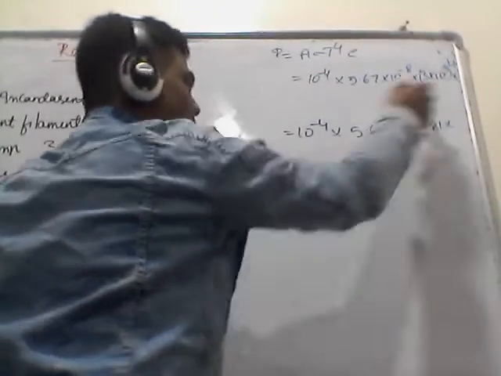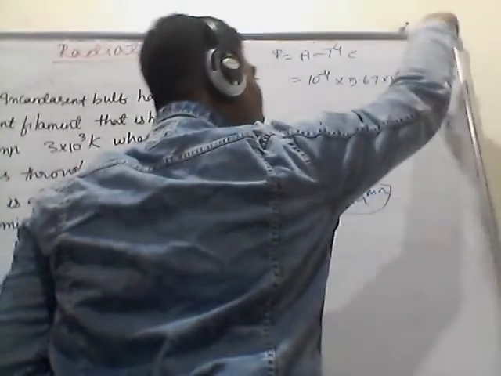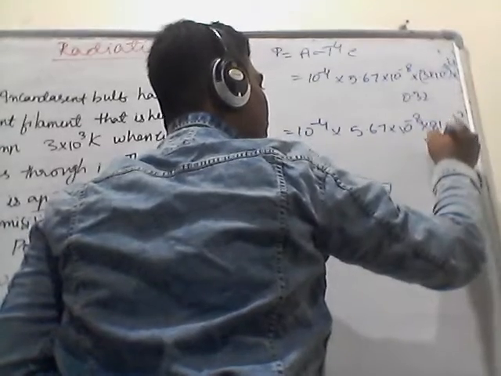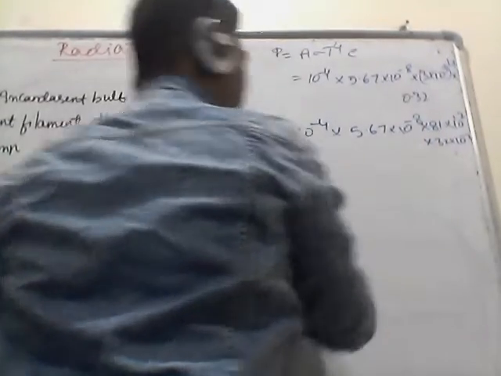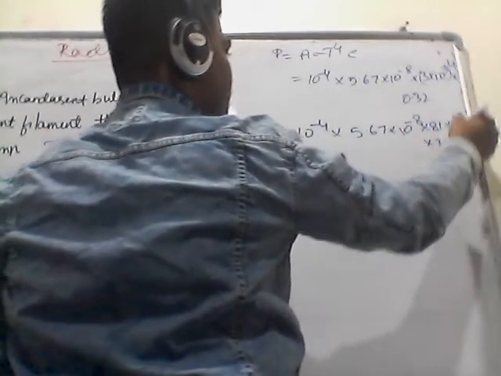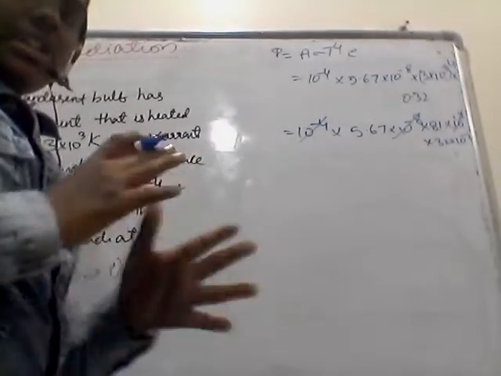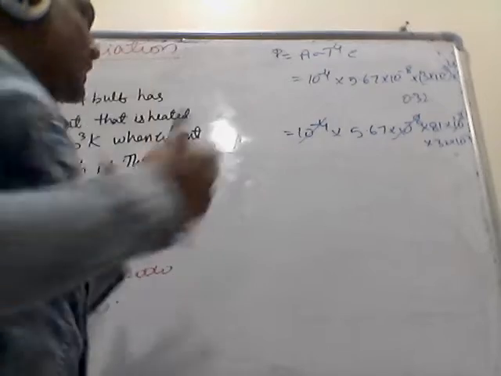This is the basic rule that I am using here. So (3 into 10 to the power of 3) whole power 4: 4 3s are 12, so 10 to the power of 12, and 32 into 10 to the power of minus 2. Now see here, minus 4, minus 8, minus 12, plus 12 cancel. This cancellation technique we should be able to understand for easy calculation.